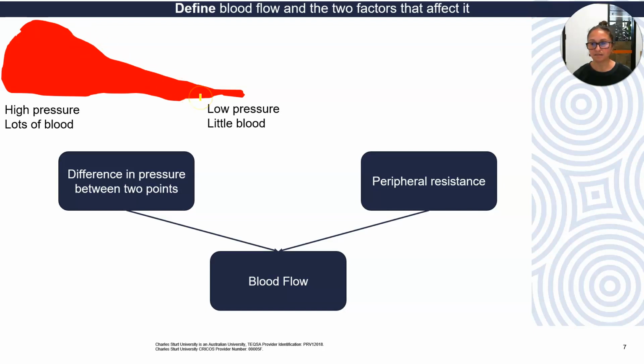This way. If I had lots and lots of blood here and lots of blood here, there's no pressure difference, so blood is not going to move. So you only get blood flow when there's a pressure difference. No pressure difference, no flow.